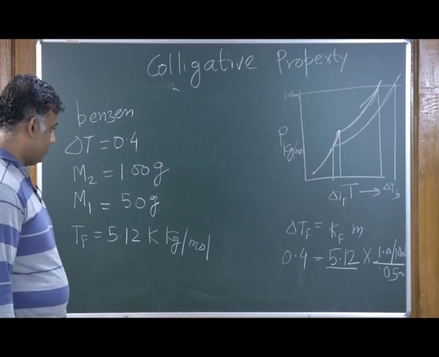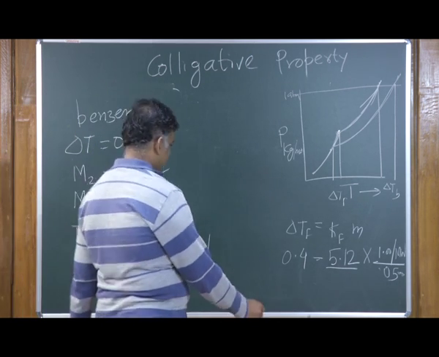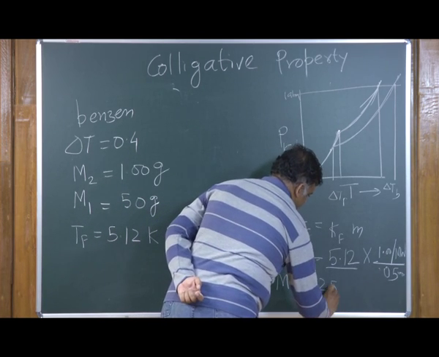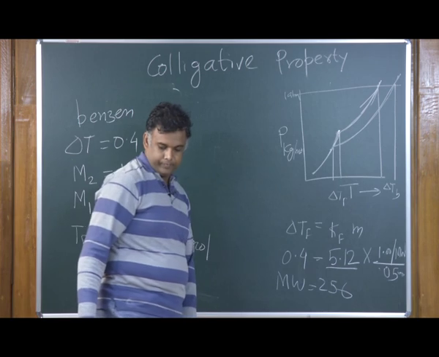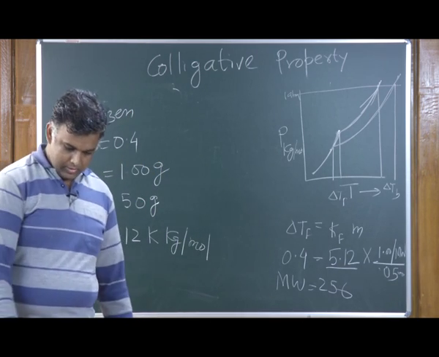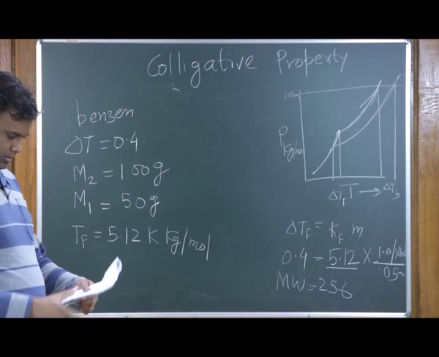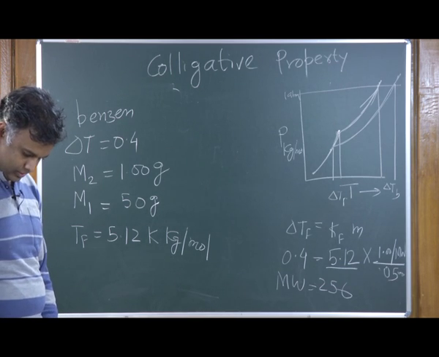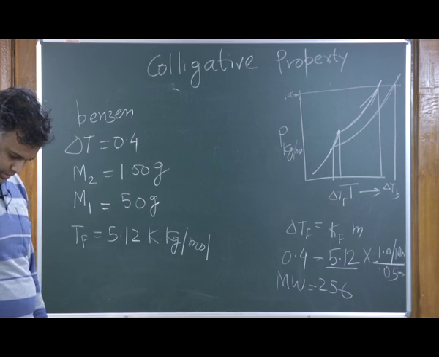So, answer comes out to be 256. So, the molecular weight of unknown solute is 256. Okay. So, let us do some more examples from in-text problems.